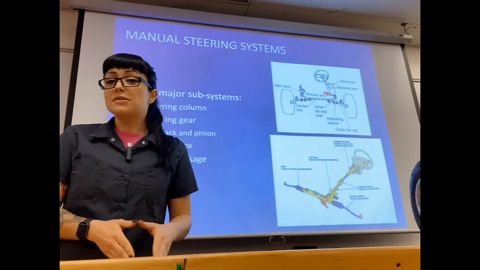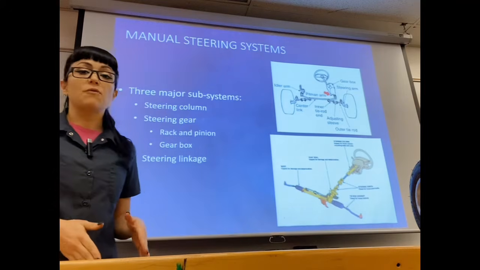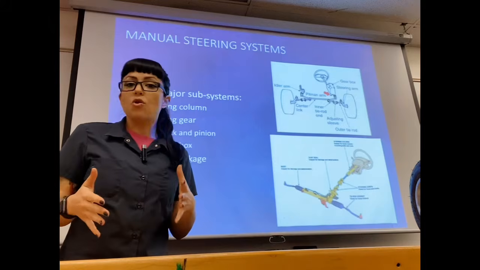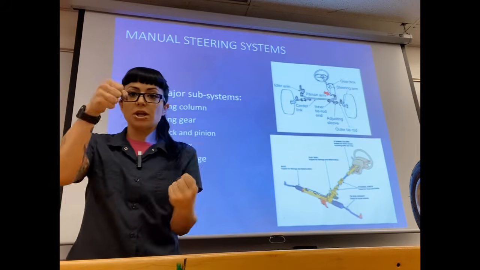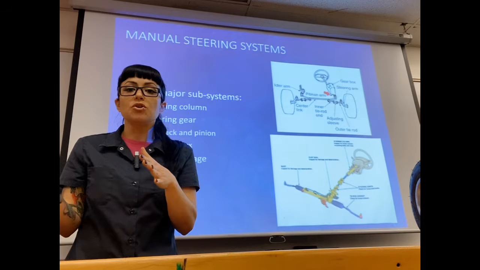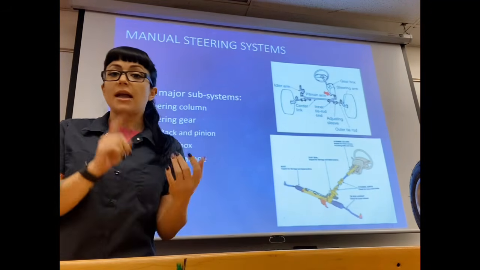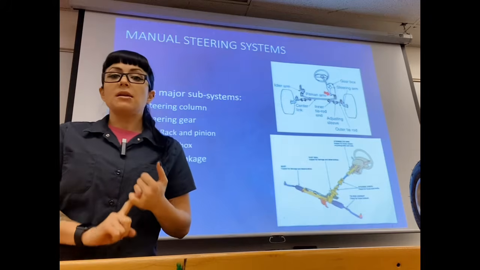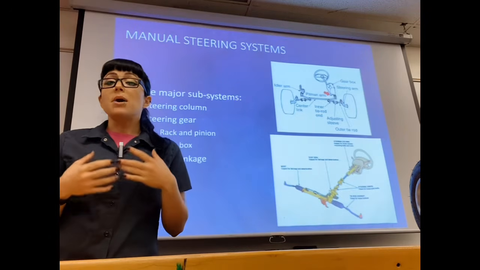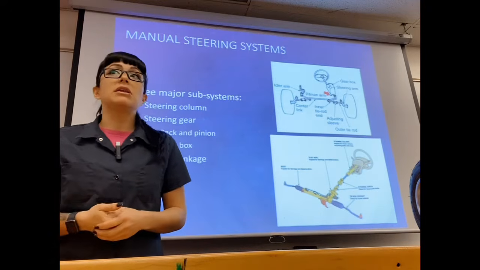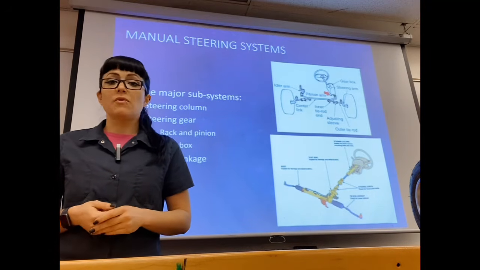Now your steering gear can be a different design from vehicle to vehicle. Most manufacturers these days are going to use a rack and pinion for their steering gear. We need some sort of gear that's going to transfer this rotary motion into a sweeping or angular motion, and that's going to be your steering gear. Like I said, usually rack and pinion is what's used today, but a lot of vehicles, a lot of trucks, Chevy really only sort of recently went to a rack and pinion.